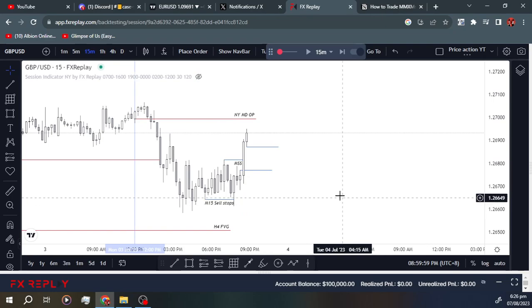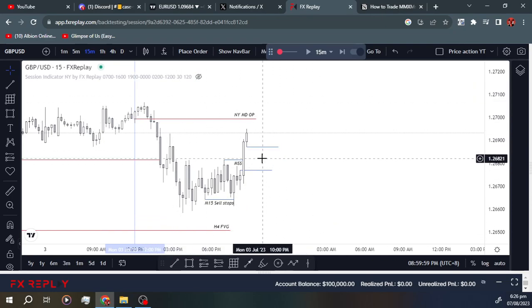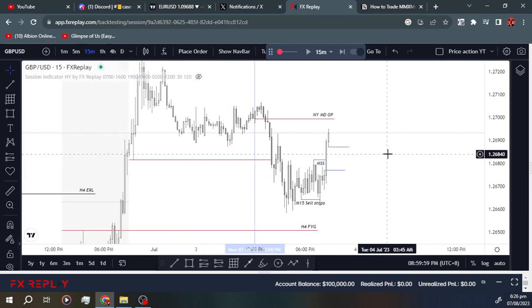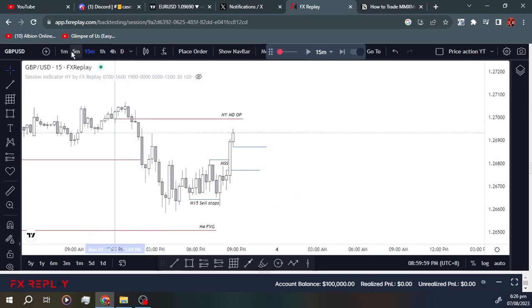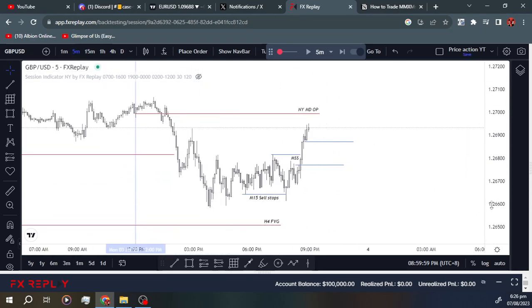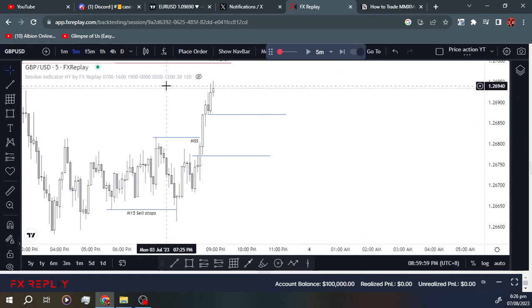Now what I want to do is drop down to M5 to look for entries. We are currently in the New York session, so let's see if we can frame any trade.